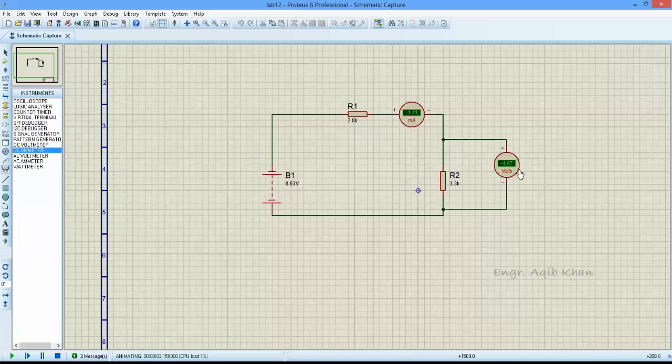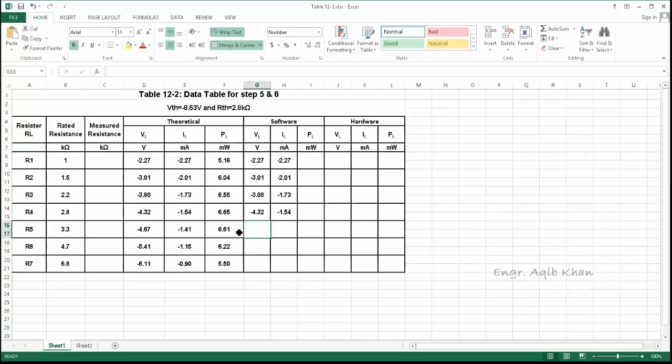Voltage is minus 4.67 and current is minus 1.41 milliamp. The next value of RL is 4.7 and the last value is 6.8 kilo.